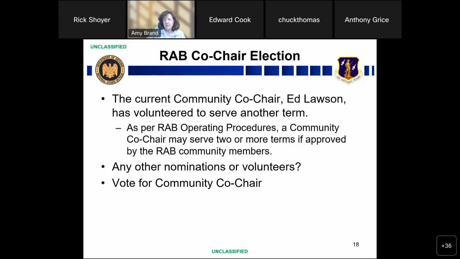Okay, then if RAB community members could raise their hands to vote for Mr. Lawson to continue? I may need to follow up by email because I'll have to look to see if we need a quorum or a majority, or it may just be a majority of members who are on the call.